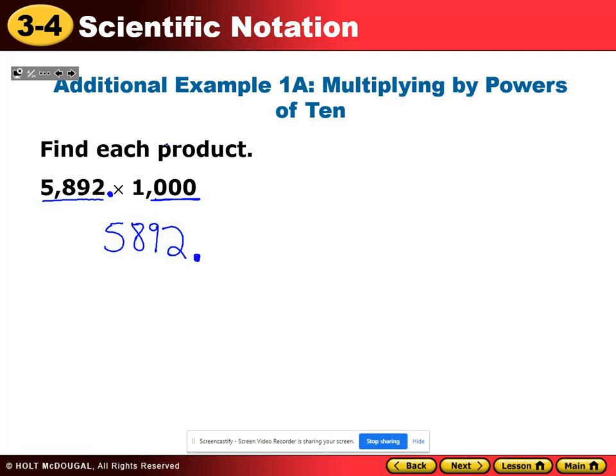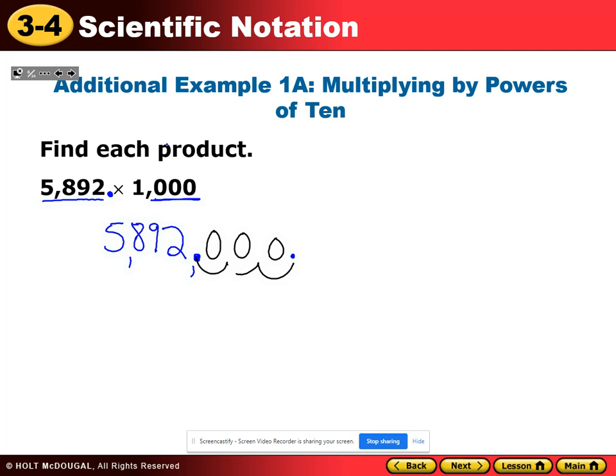It says times 1,000. We start at the decimal and move it 1, 2, 3 spots. We fill in those 3 spots. We have our new number. Our new decimal is out here. So we get, comma there, 5,892,000 for our answer.